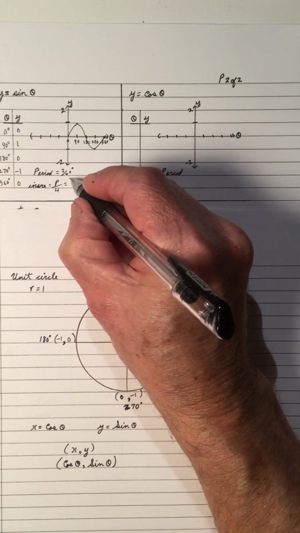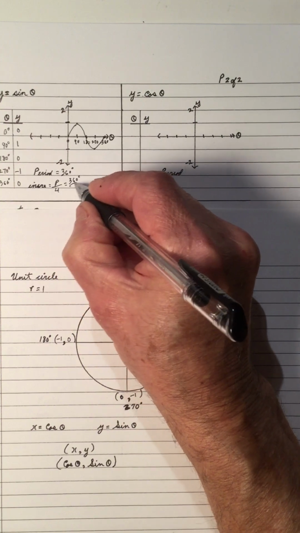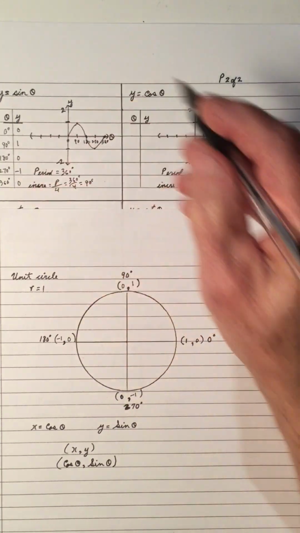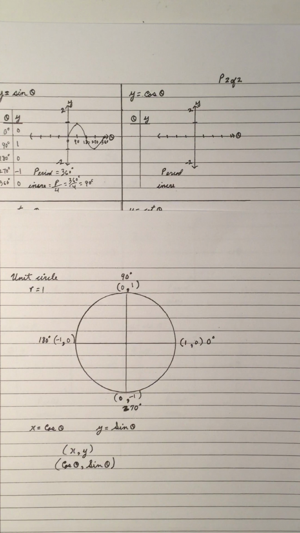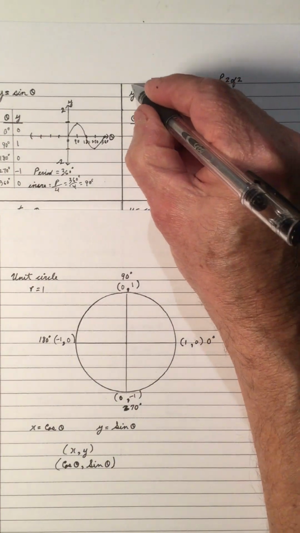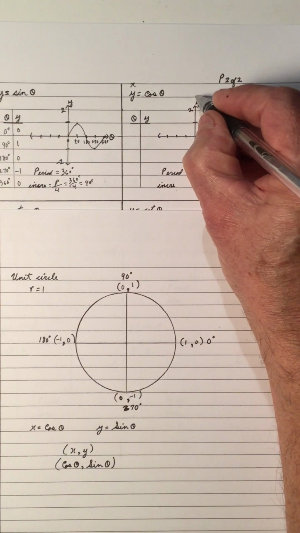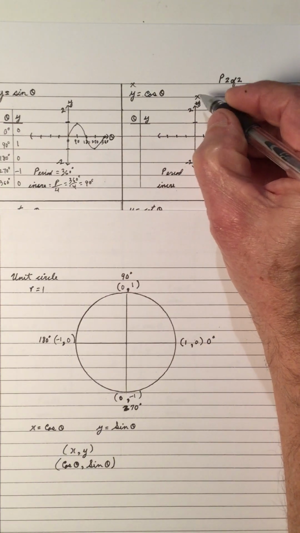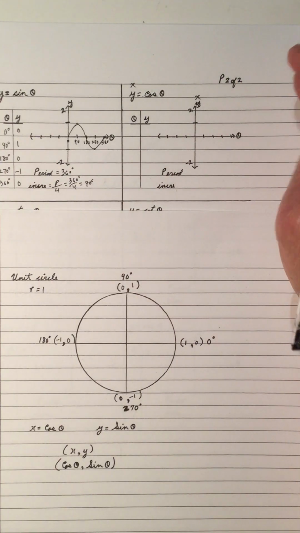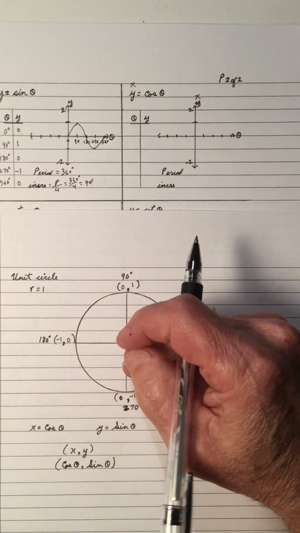So the period of the function is 360 divided by 4, so it's gone up by 90s. And just to mention that, I'll do cos first. So we could have y equals, or we could have x equals. We could rub out the y and say x equals cos theta on the wrapping function.